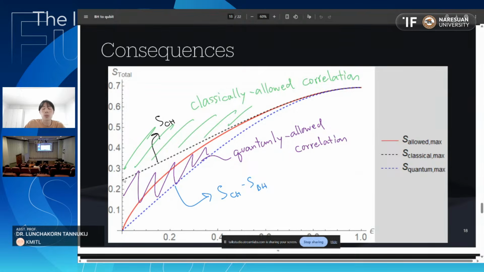So this is the system of two qubits where there is certain correlation so that the total entropy is just that of the cosmological horizon. Now this is the lower bound of the classically allowed correlation.